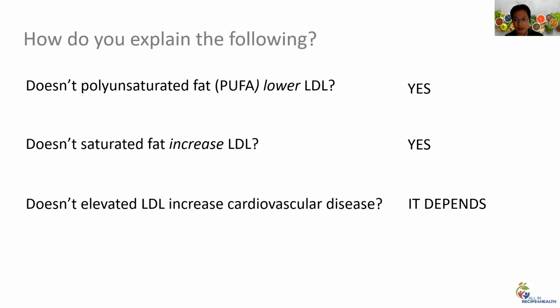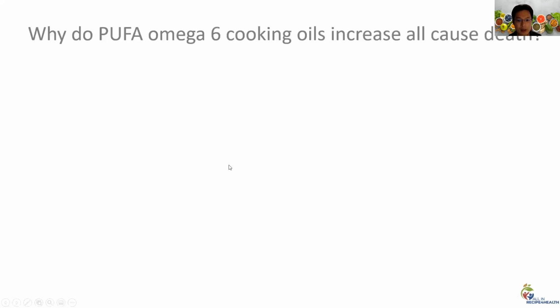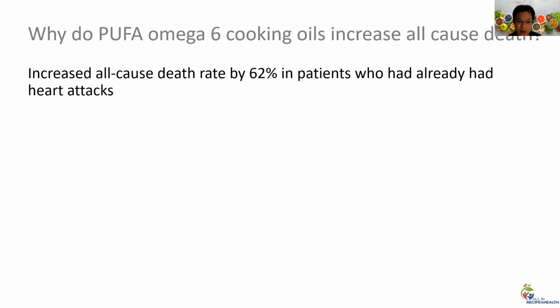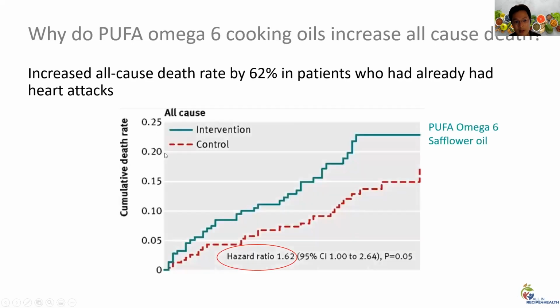It sounds confusing, right? Let me try to walk it through and answer it with not only this study, because I shared this study with you, but I'm going to share the mechanism after this. Just as a reminder, we saw this study. It's an important study. It came out as a re-review of prior data, which showed that PUFAs, omega-6 cooking oils from safflower oil, were not always that great.